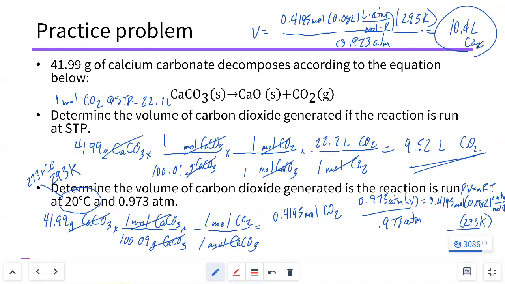So if I'm at non-STP conditions, I just need to use the ideal gas law to do that bridge between volume and moles. And so I can go in this direction here, moles to volume. I could also go in the other direction, volume to moles, doing a similar kind of thing, just making the algebra go the other direction.